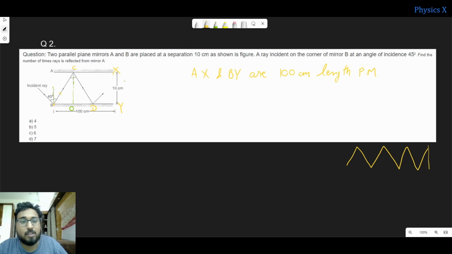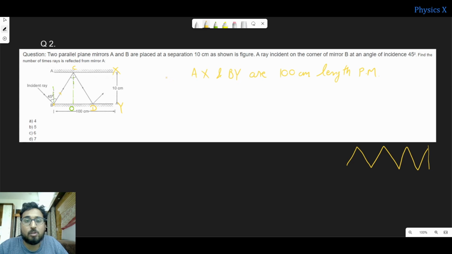He is asking how many times this ray will be reflected from mirror A. We need to understand that this zigzag pattern will be observed with this ray. One time it will get reflected from mirror A, the next time from mirror B, then from A, then from B. Alternately they will be reflecting like this.